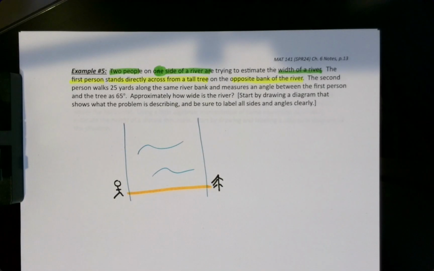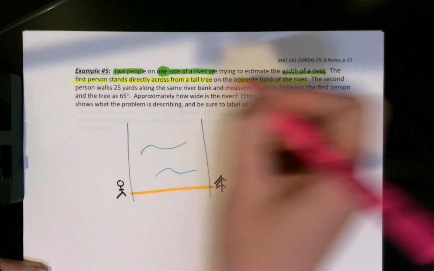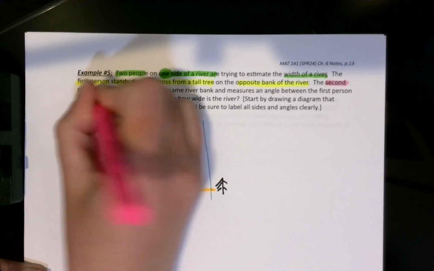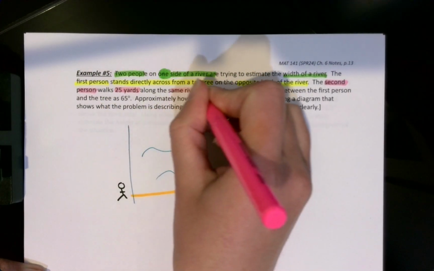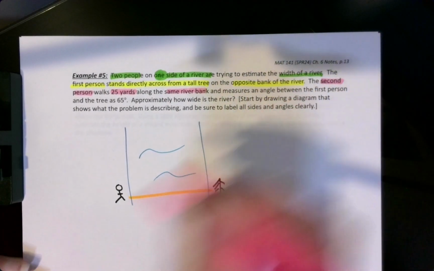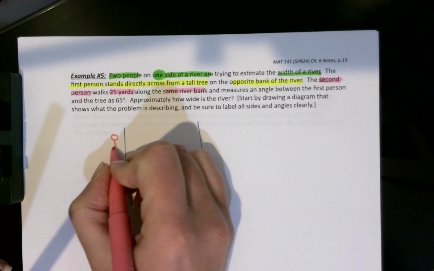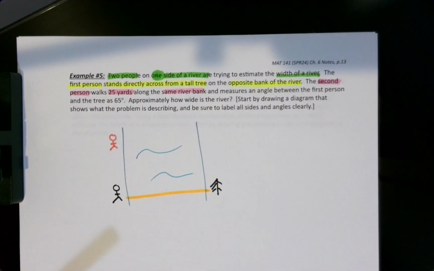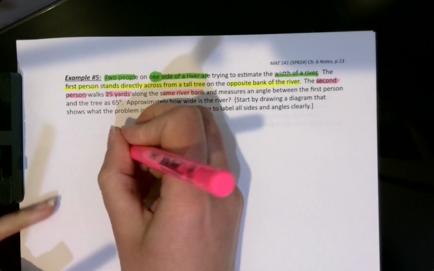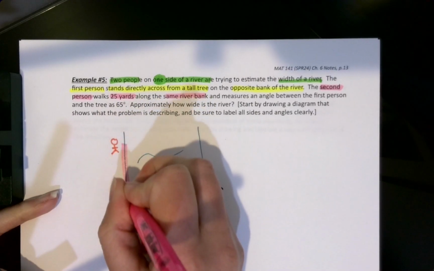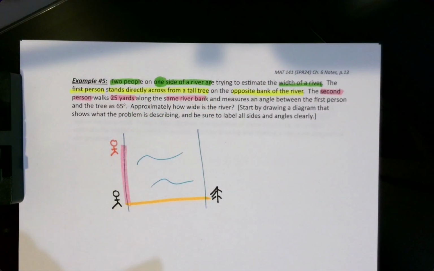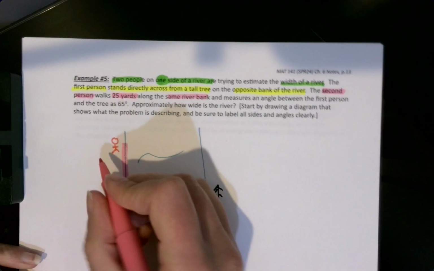And the second person is going to walk 25 yards away along the same riverbank. So the second person walks 25 yards along the same riverbank. So they're going to be up here. And the distance between person 1 and person 2 right here is going to be 25 yards.